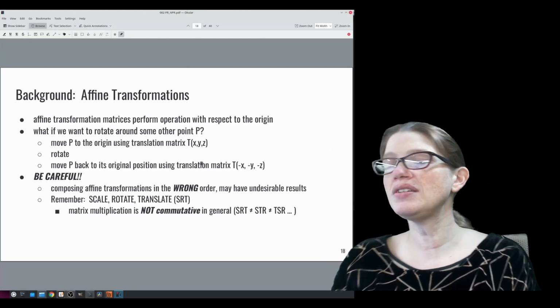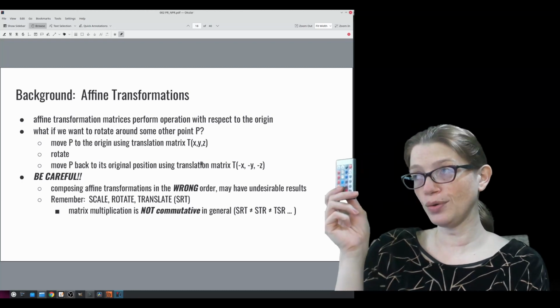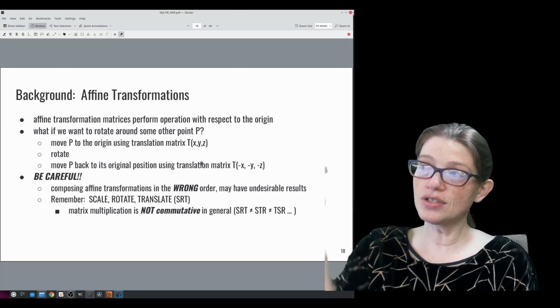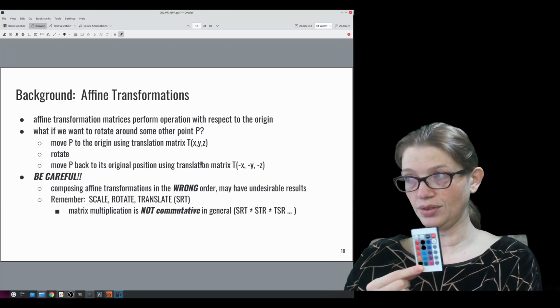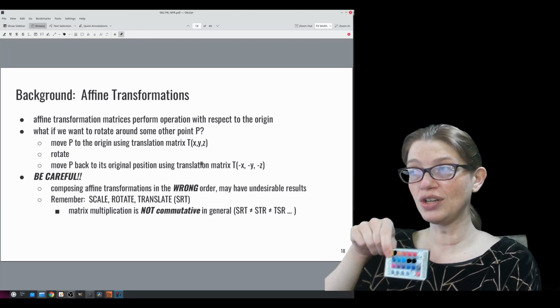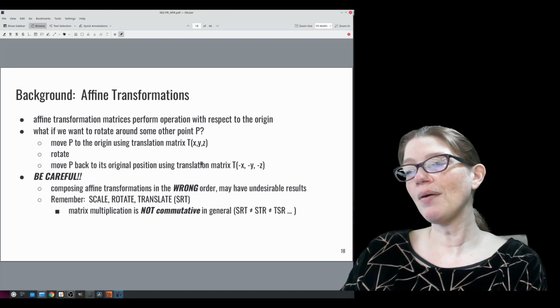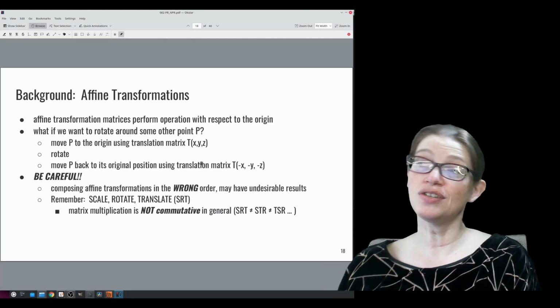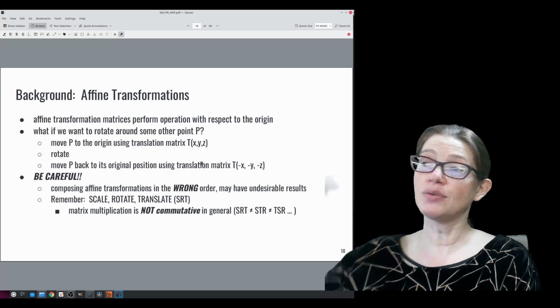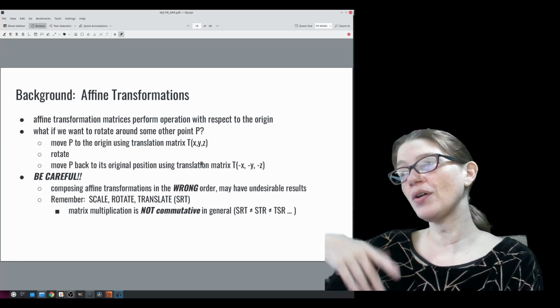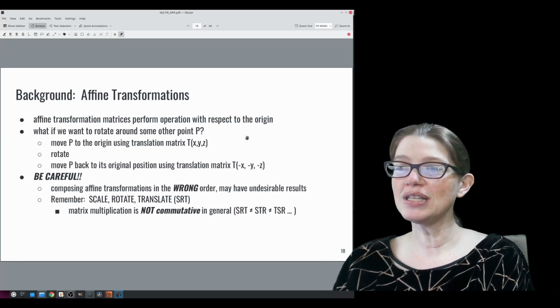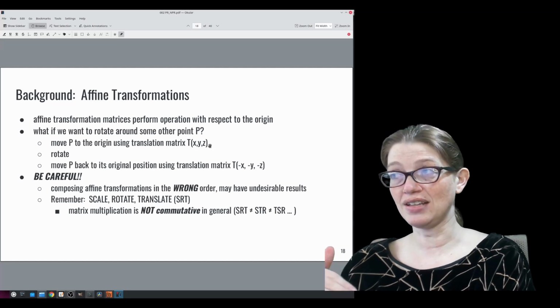And if you want to do that, what you need to do is, before you rotate, move your object to the center. Perform your rotation, and then move the object back. Now, in order to do this, you need to know how to move the object to the position, but also how to move it back. Now we know its position, how to move it to the center.